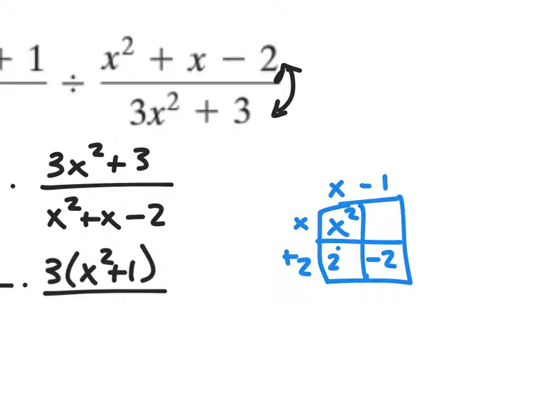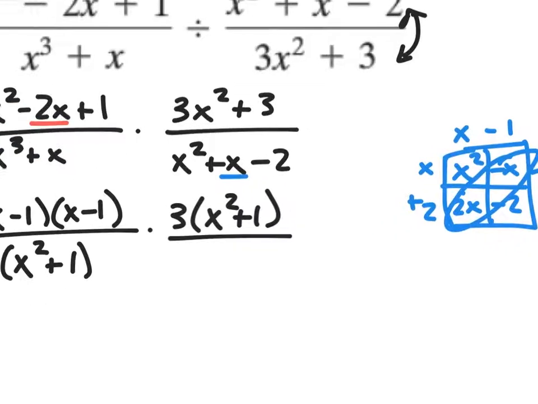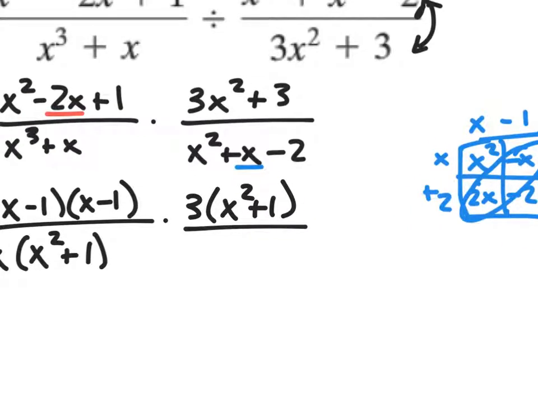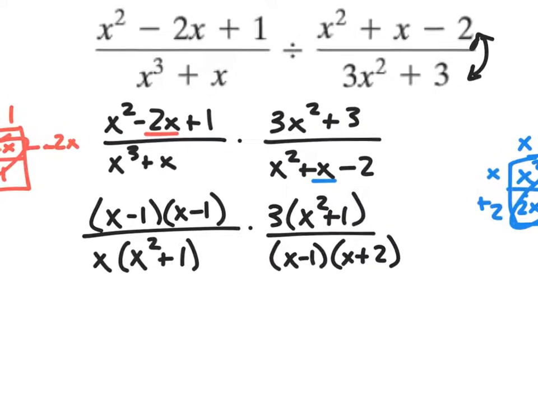So I'm going to get 2x, I'm going to get negative x, combine like terms, and that's just going to give me an x, which is what we're looking for. So I'm going to come over here, write out my factors, and do x minus 1, x plus 2. All right, so let's think about what we can divide out.